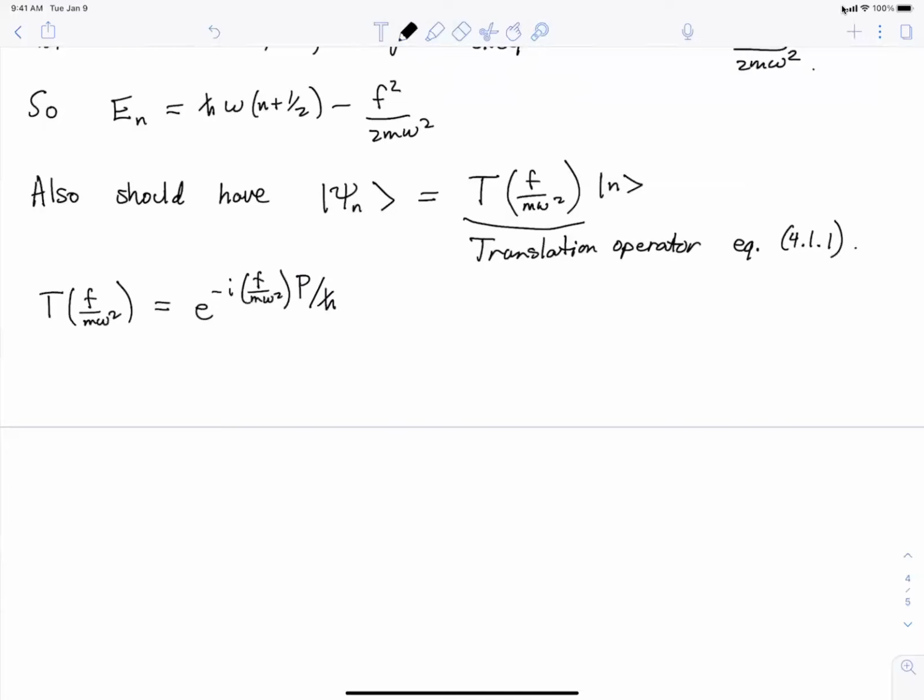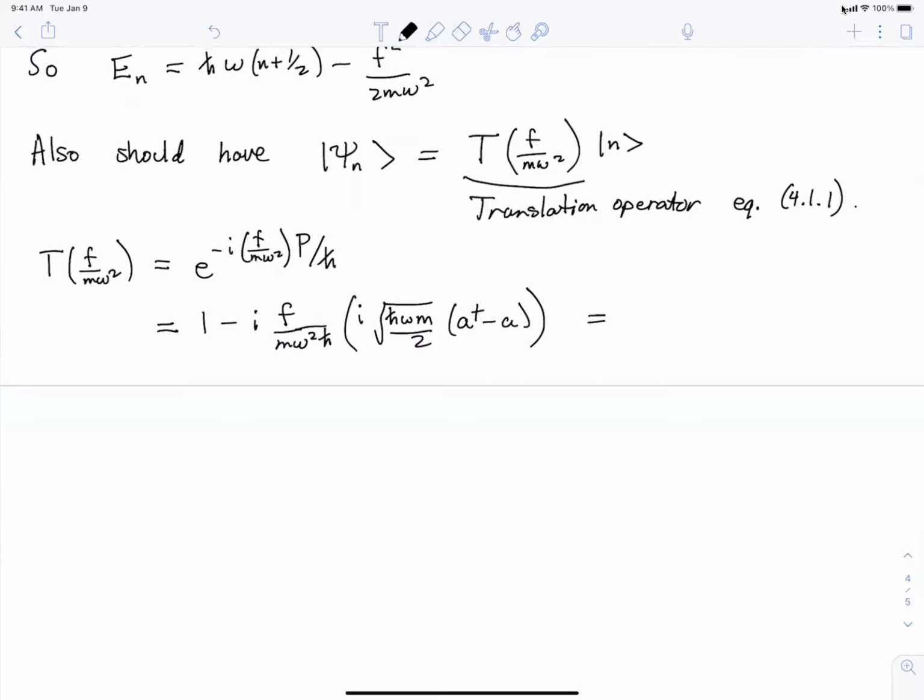So unlike the energy, we can't quite do this exactly, but at least we can expand this exponential and get 1 minus i f over m omega squared h bar, and then P, the operator P. If you look back at what that is in terms of creation and annihilation operators, it looks like this: A dagger minus A. Okay, and that is equal to, when I simplify things a little bit by multiplying the i's together, 1 plus f over square root of 2 h bar m omega cubed times A dagger minus A. Okay, and that's good.